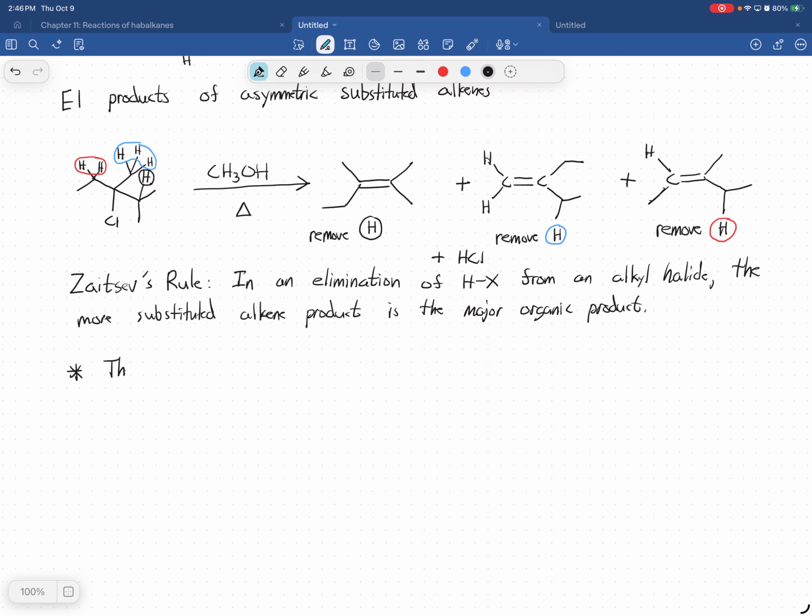So the nature of the leaving group, okay, does not affect the ratio of products of any SN1 and E1 reactions, okay?